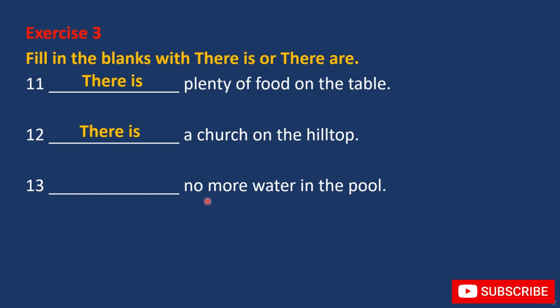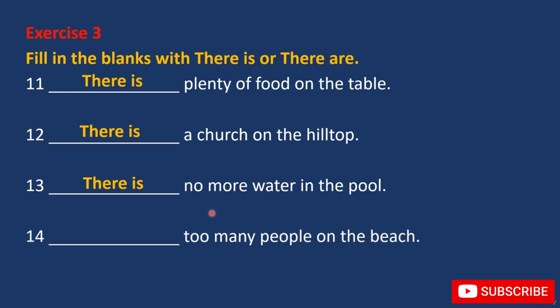Number 13. No more water in the pool. Water is uncountable and we use it as singular. So here, there is no more water in the pool. Perfect. Too many people on the beach. Too many people. Take care that the word people is always plural. So we say there is too many people or there are too many people.